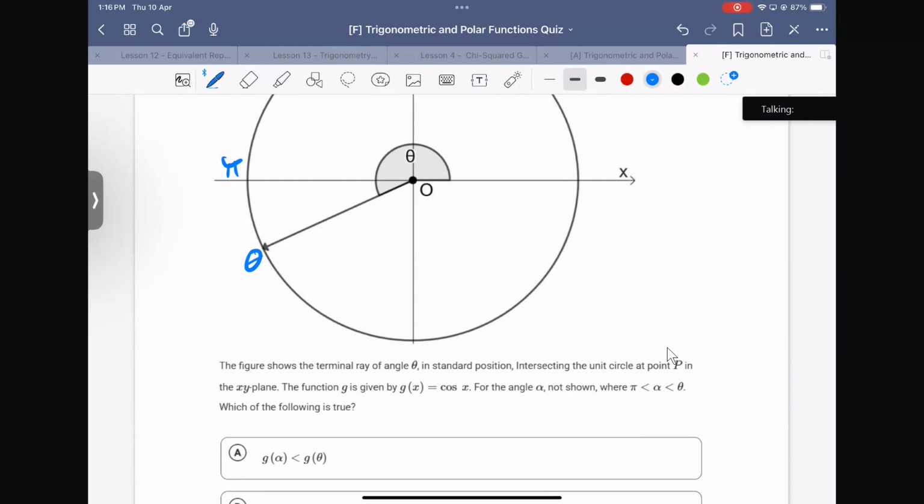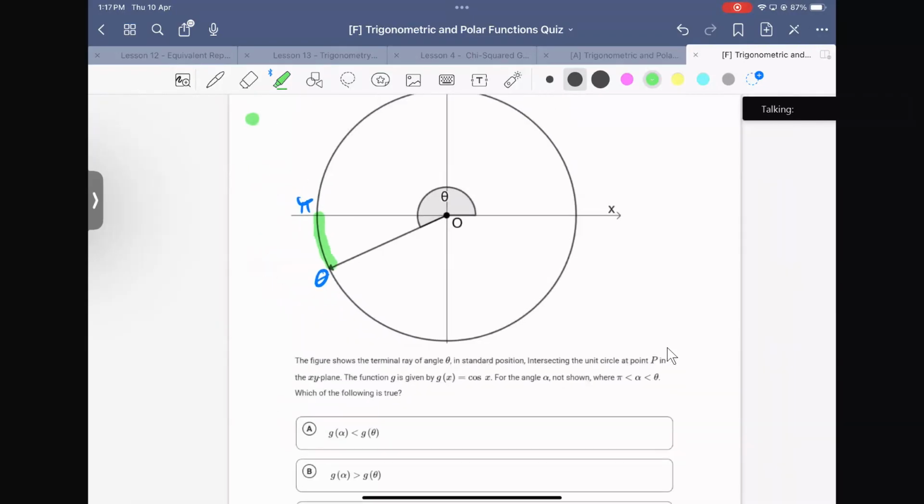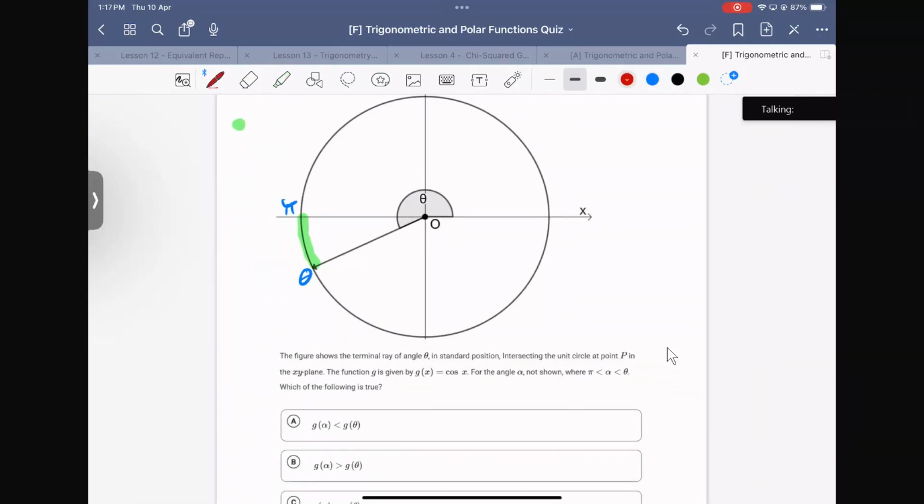So alpha is an angle in this period here. And we are talking about the cosine value. So the cosine value is the x coordinate at this particular point. And we can see that the x coordinate of alpha is going to be a smaller negative number than theta's. So it's going to be A.